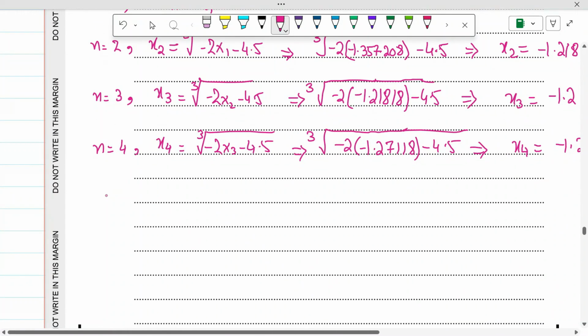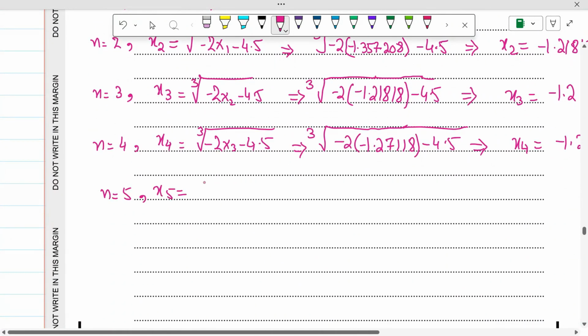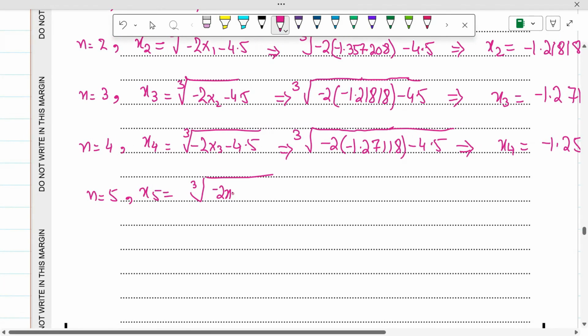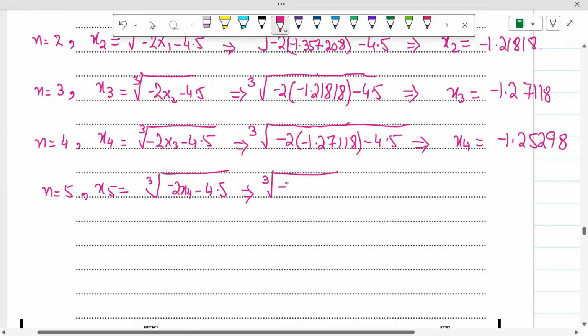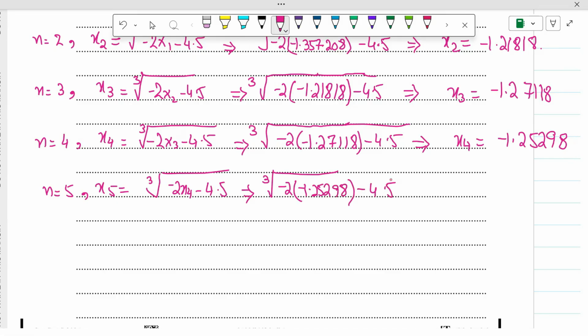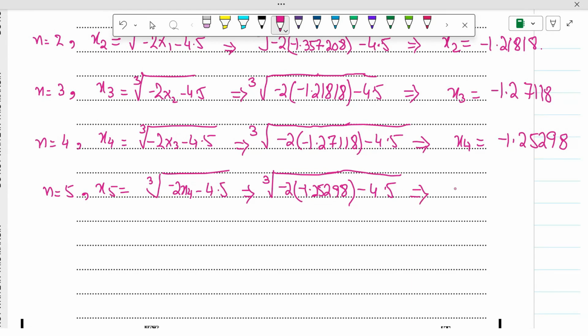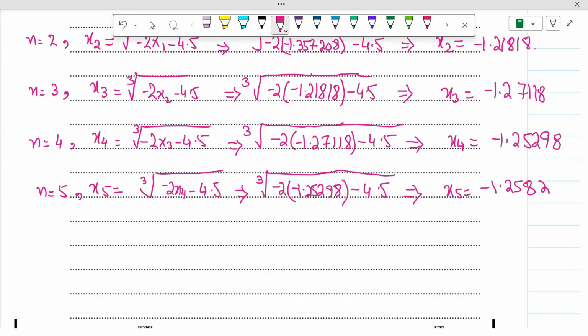1.25298. Now n is equal to 5, so x5 is equal to the cube root of negative 2 times x4 minus 4.5. So this is the cube root of negative 2 times negative 1.25298 minus 4.5. So x5 is equal to negative 1.25824.